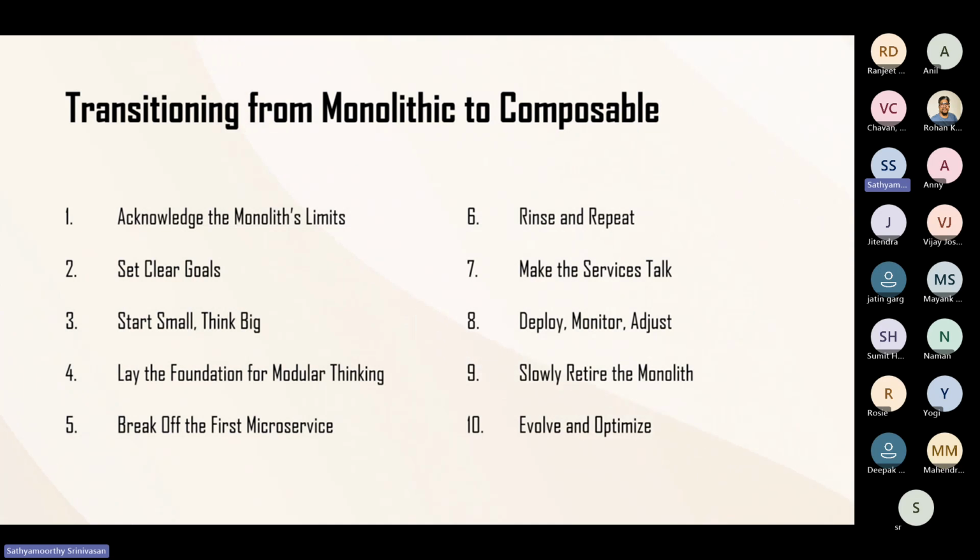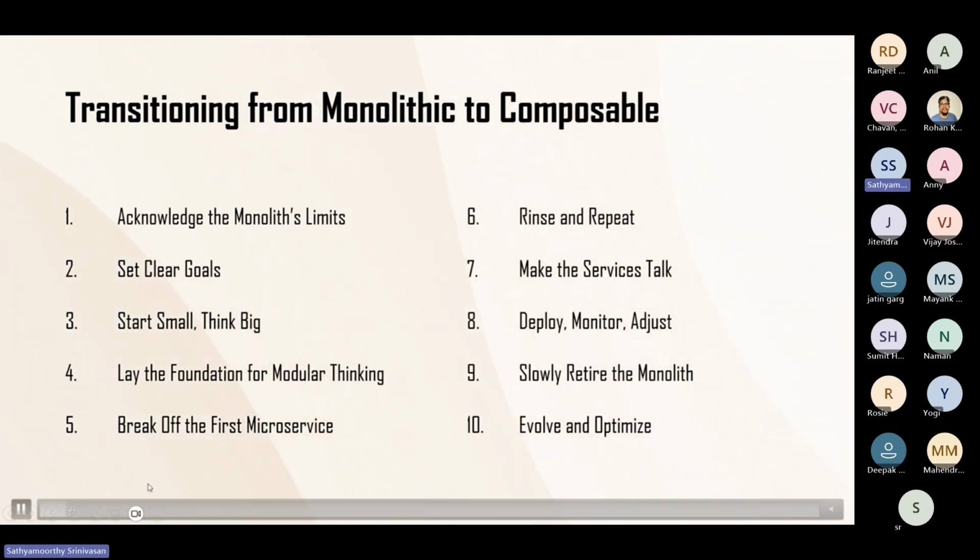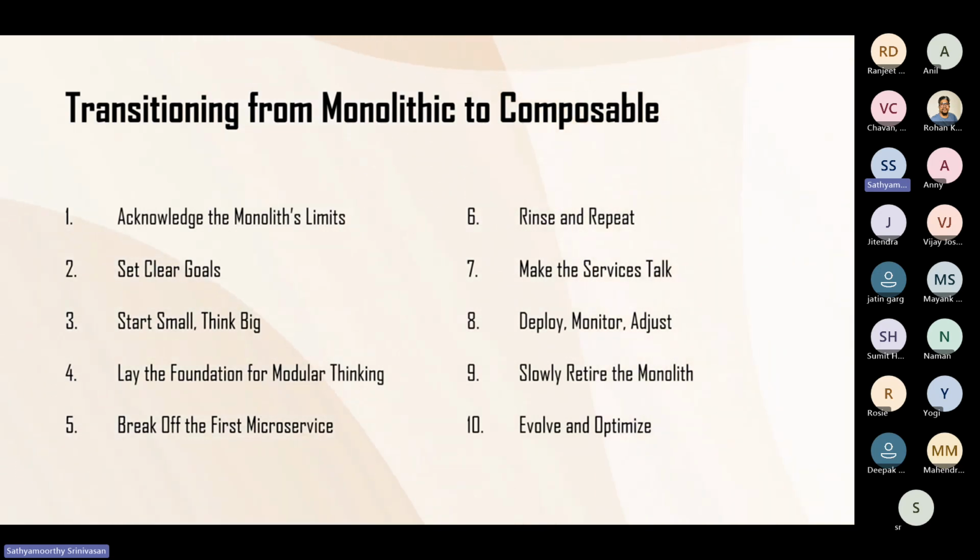Then the second thing is we need to separate the goal. We cannot boil the entire ocean in a single day. We need to take a small scoop and boil that. And we need to make sure that the goals and the definition of done are proper. Then whenever we isolate or decouple any system, we need to make sure it can be reused in other places as well.